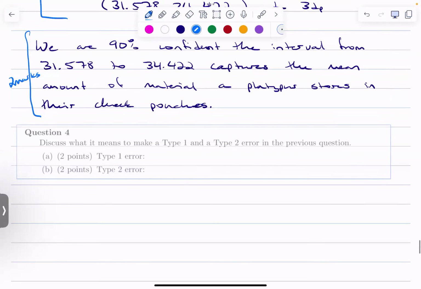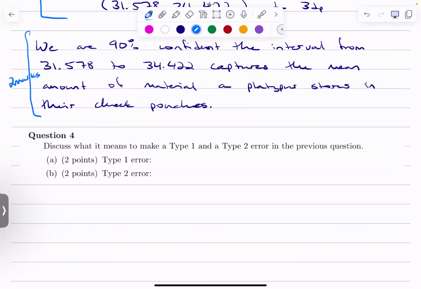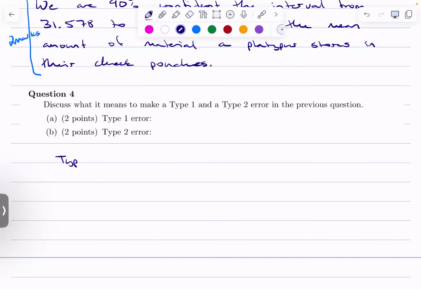Last tiny bit. Discuss what it means to make a type 1 and a type 2 error in the previous question. Thought you were done with those, right? A type 1 error is what? When you reject H naught when you shouldn't have, right? Or maybe I'll do the generic one here: reject H naught when we shouldn't.